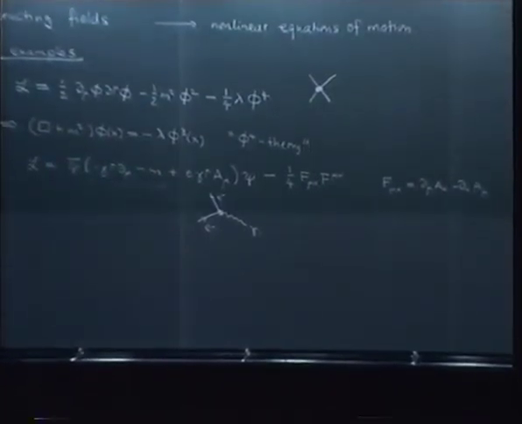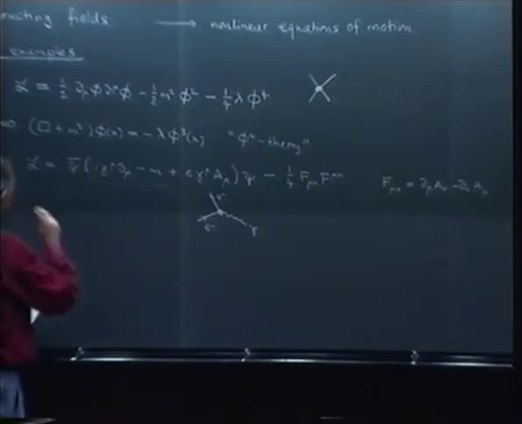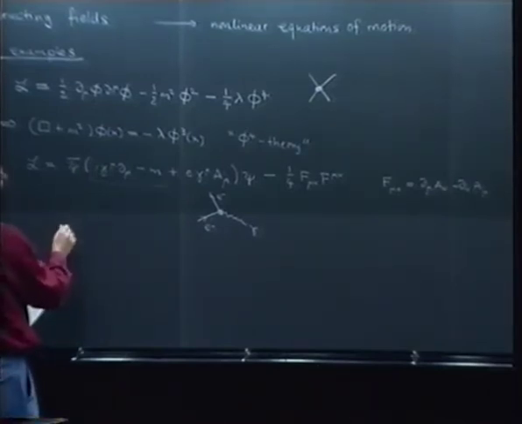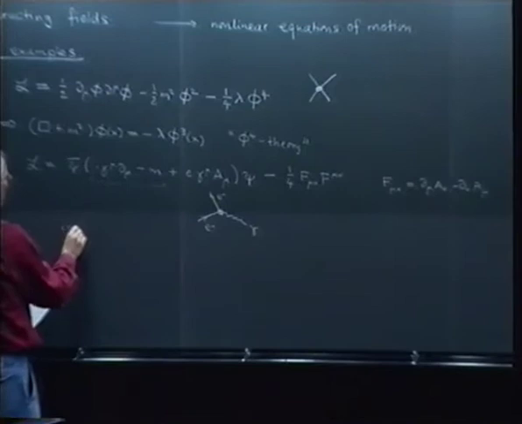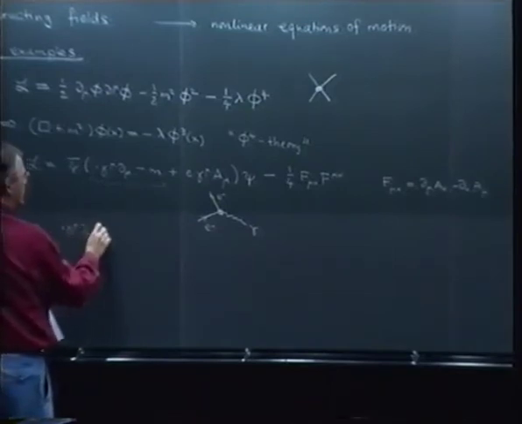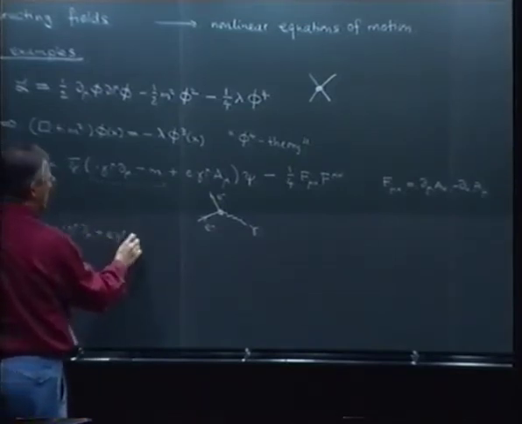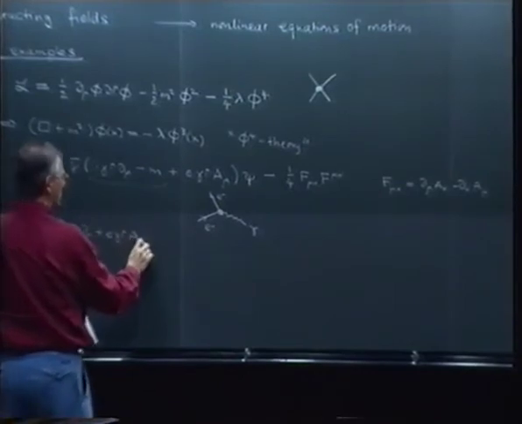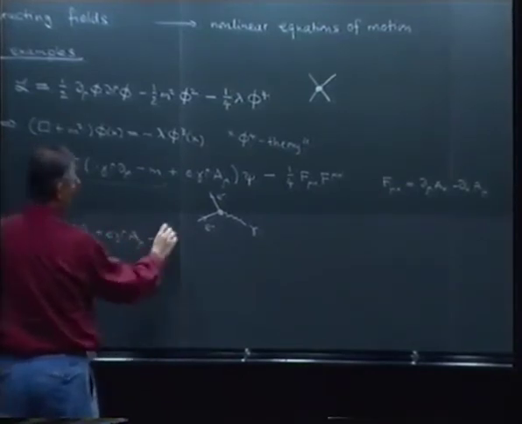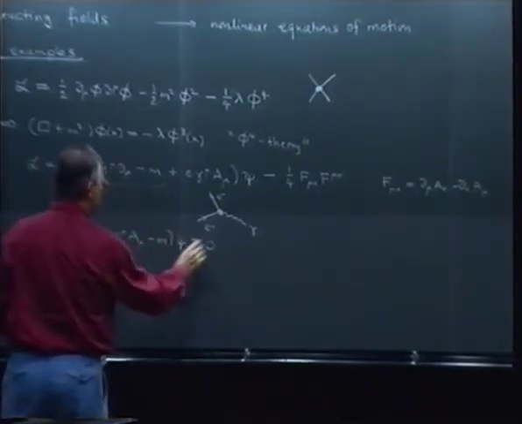And the equations of motion you get from this are the following: (i gamma^mu d_mu plus e gamma^mu A_mu minus m) psi equals 0.